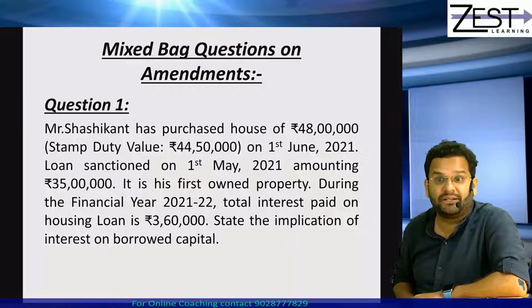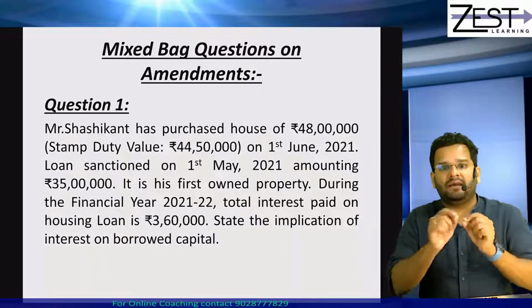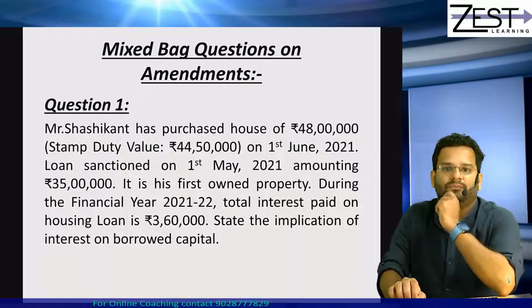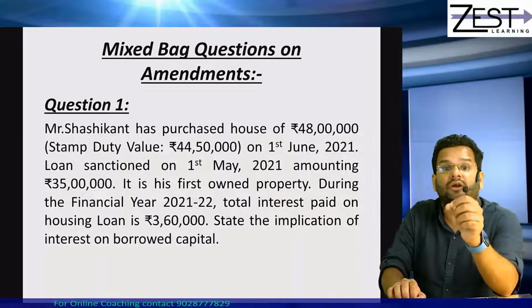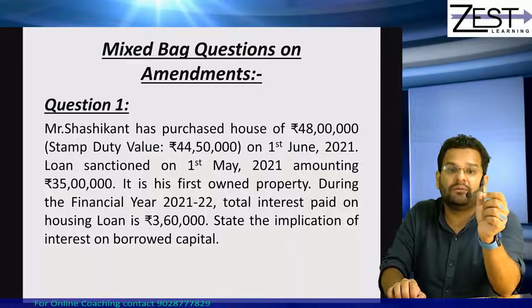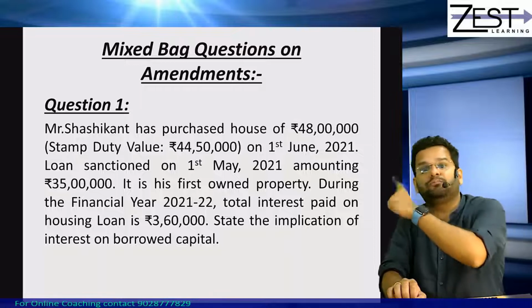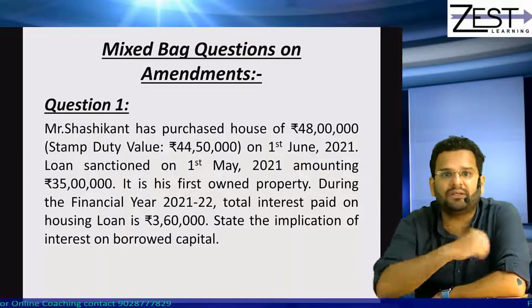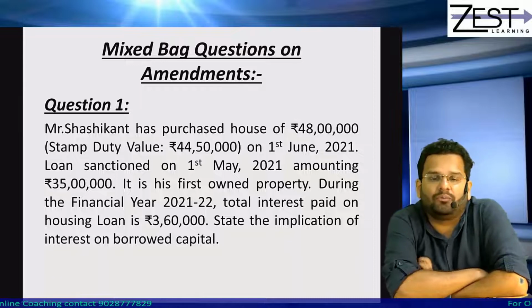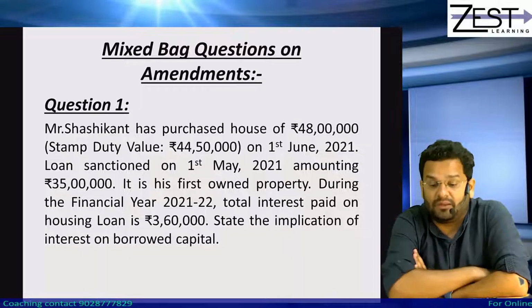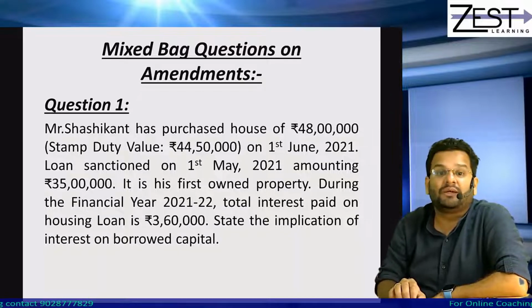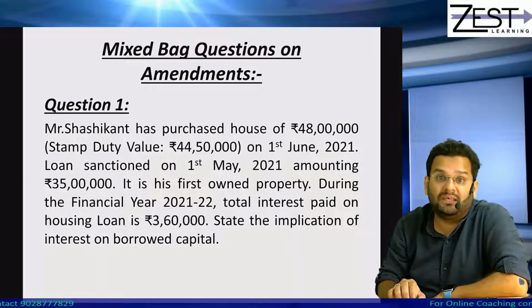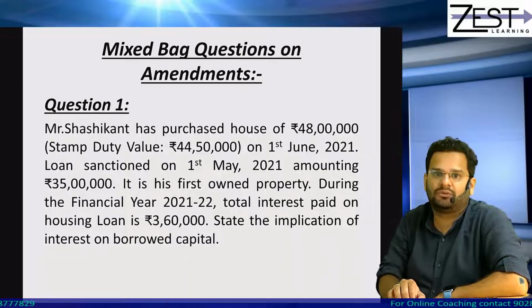But friends, 80EEA comes to your rescue. What is 80EEA? Interest on housing loan, over and above 24B. So under 24B you will get 2 lakh rupees. Out of the remaining 1,60,000, you will get deduction under 80EEA, to the extent of ceiling limit of 1,50,000.